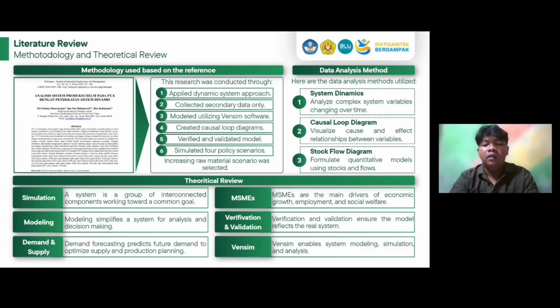The theoretical foundation of this research includes concepts of system and simulation, modeling, demand and supply, MSMEs, verification and validation, and the use of VENSIM as a tool for system modeling and simulation. Next.